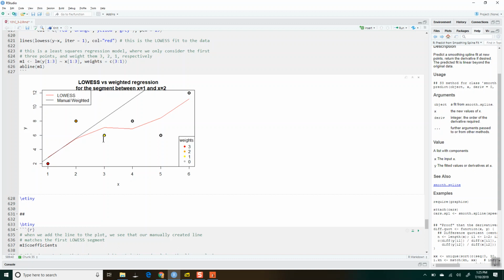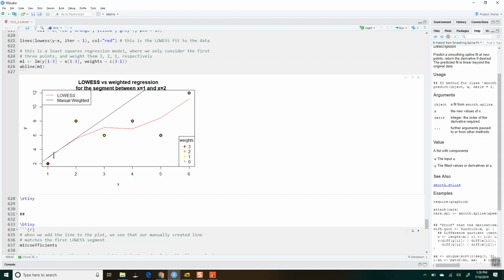Here I'm fitting linear regression to these 3 points. This point gets a weight of 3, this a weight of 2, and this a weight of 1, and these points get a weight of 0.